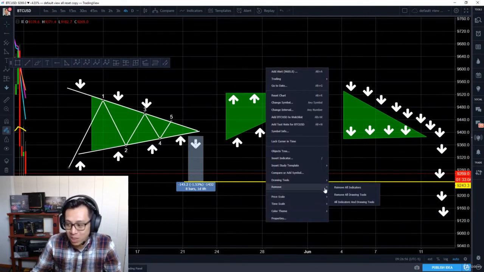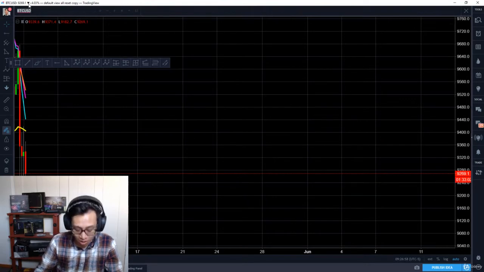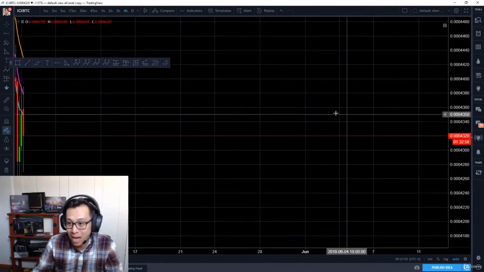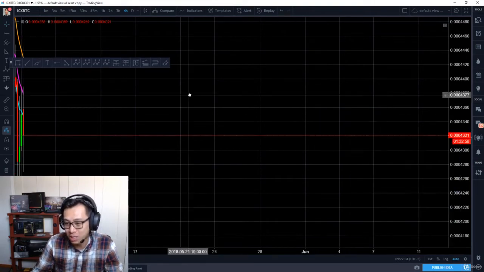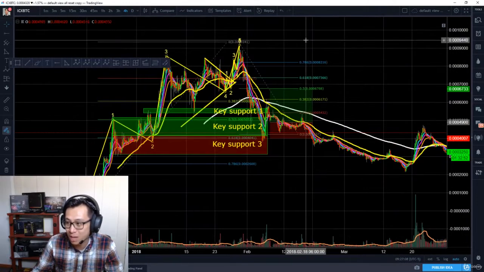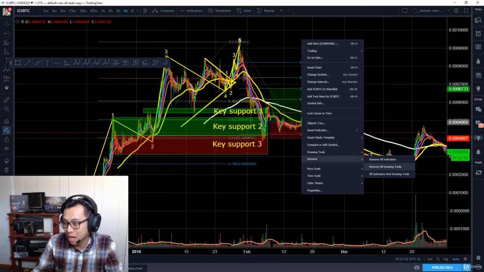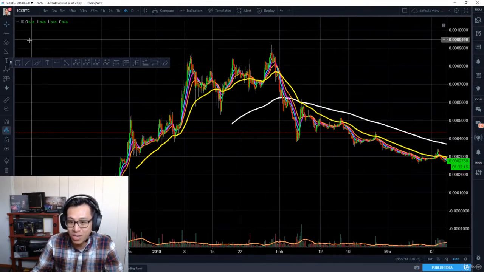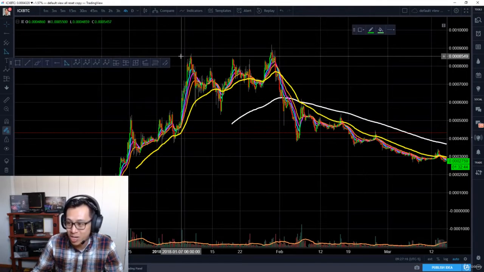So let me give you guys an example, first of all, of a pattern that was an ascending triangle, but it actually ended up failing. I just want to make sure that you guys really understand that sometimes we actually get ascending triangles that fail, okay? So do you guys see the pattern here already? Check it out, okay?